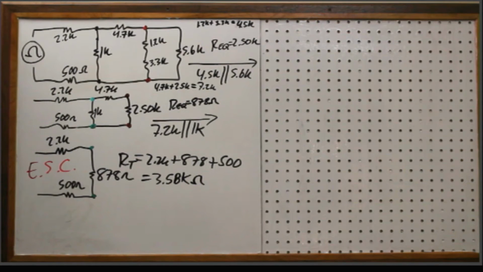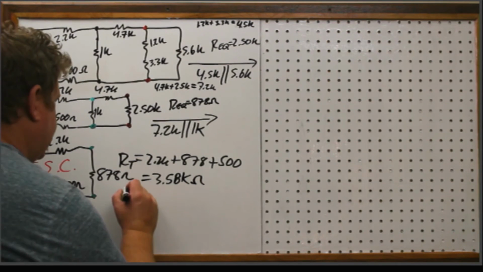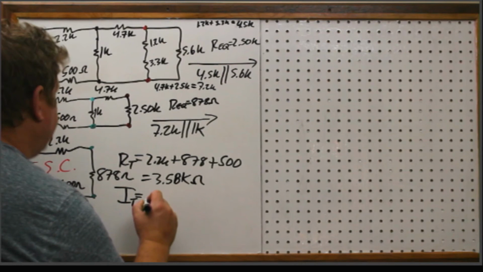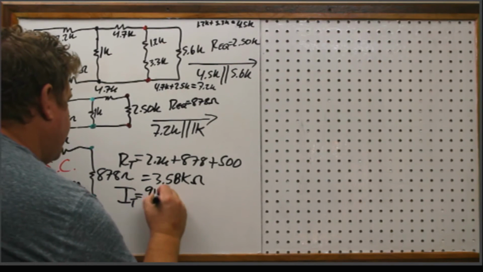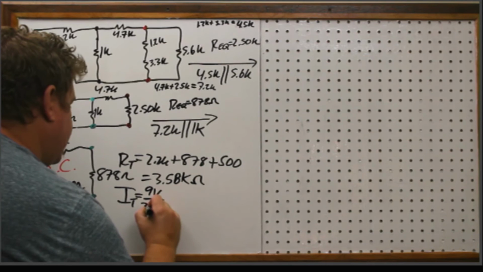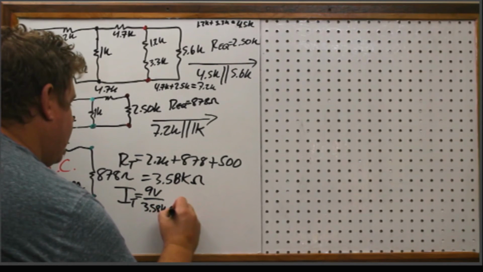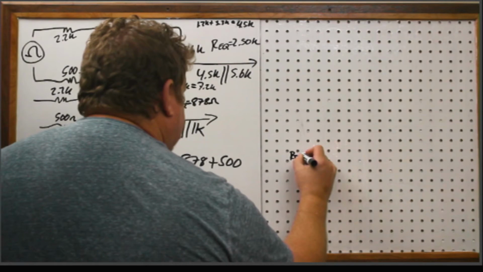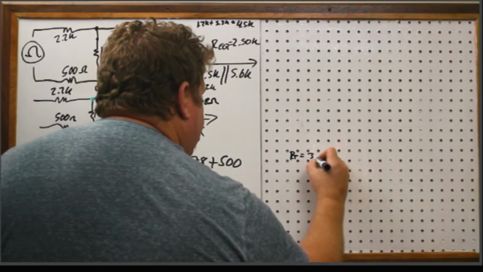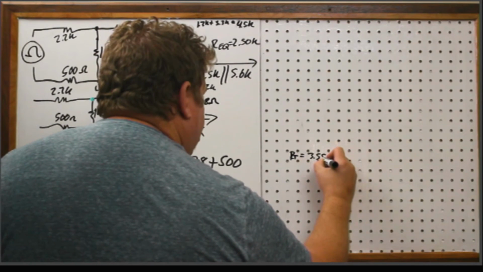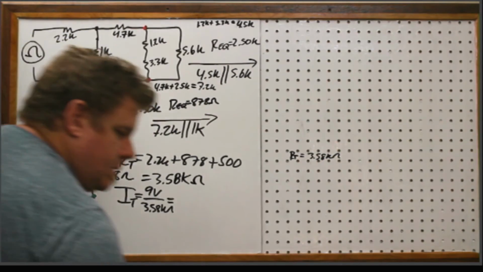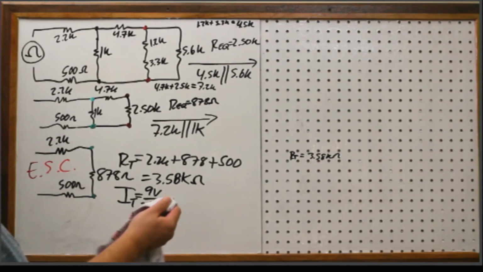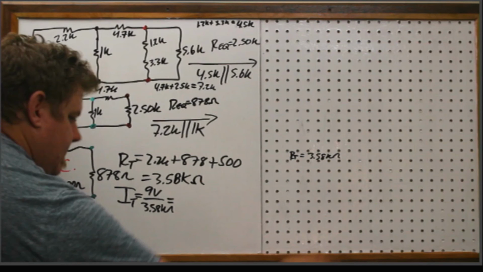Okay, so now that I have the total resistance, the next step is to find the total current. And so now this time I remember I have 9 volts divided by this 3.58K ohm. I'm going to write that off to the side here. So total resistance was 3.58 kilo ohms. Okay. And I'm going to do the calculation here.